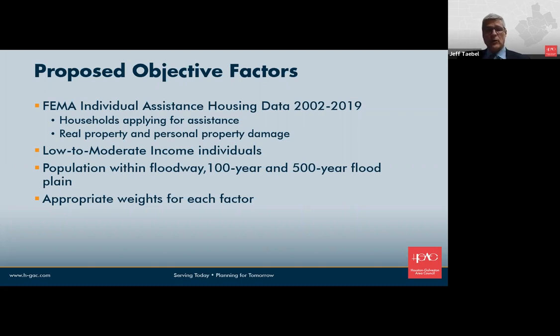Secondly, we're going to look at the amount of real property damage, that's your house and associated facilities, as well as personal property damages of your individual personal property. And the reason we think it's important to look at both of these factors is they really fill out the picture a little bit better. There may be communities that have large numbers of people applying for assistance, but maybe the damage was relatively minor.